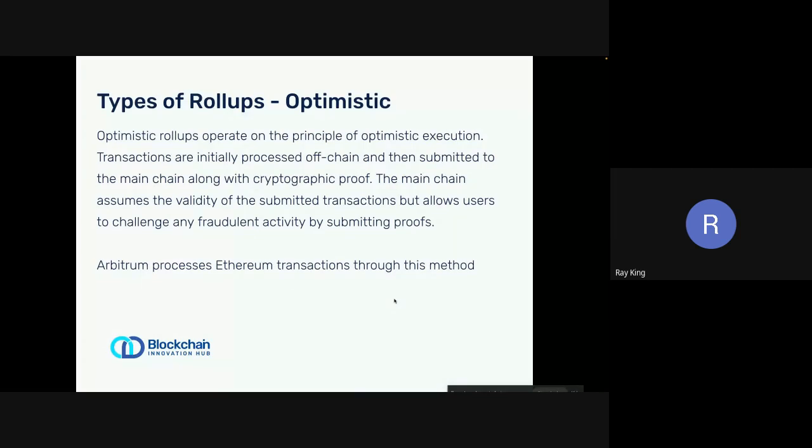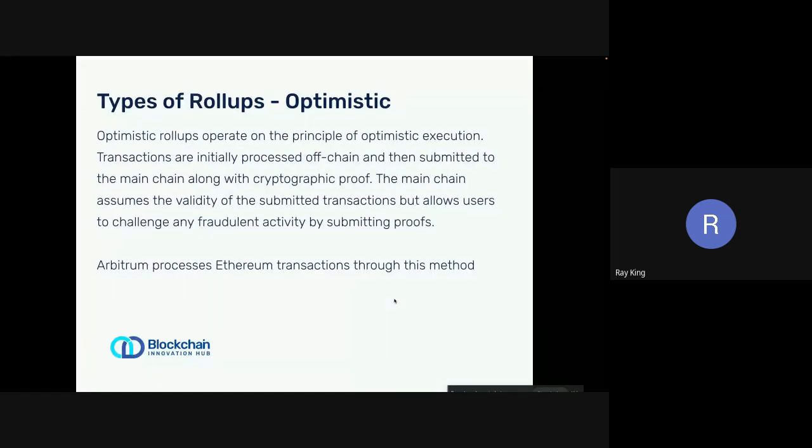What does optimistic execution mean? It's more like you assume. You are optimistic that a good thing will happen. So optimistic rollups operate on the principle that these transactions are valid. So when we are submitting them back to the main chain, you should just assume that these transactions are valid, and then you can go ahead and submit it.